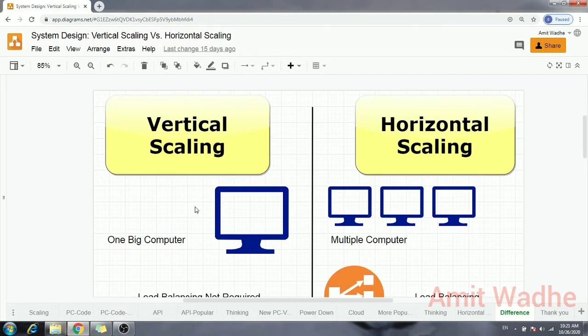Now which one to use when you are developing an application? There are multiple aspects to it. If you are building a college project, then you can go for vertical scaling, and as your project becomes more popular and you start getting revenue out of your application, then you can think of horizontal scaling, so that users can happily use your application and will not get annoyed.